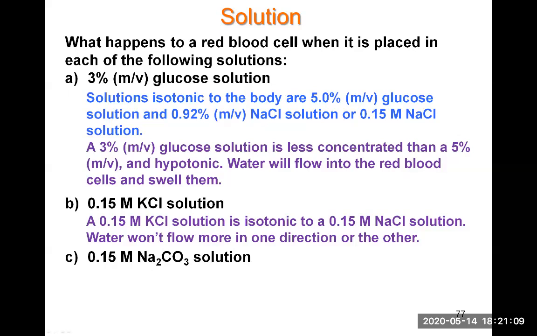We said earlier that NaCl dissolves into 2 particles. So times 0.15 molar, it's going to be equivalent to 0.30 molar, right? And here, with 0.15 molar Na2CO3, you need to think about how Na2CO3 will dissociate in solution.